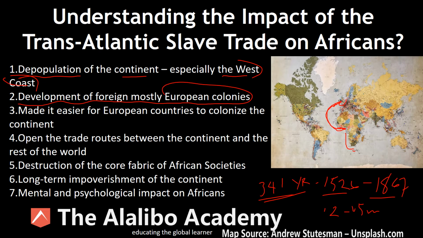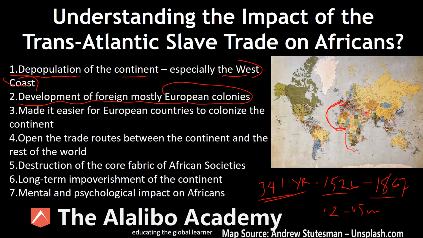They were able to extract resources from those colonies. And this is also a very important point to note, because they were taking those resources out of the continent back to their countries and profiting from those resources. And Africans were not getting the benefit of their own resources.